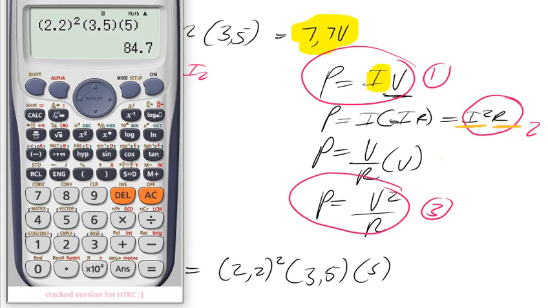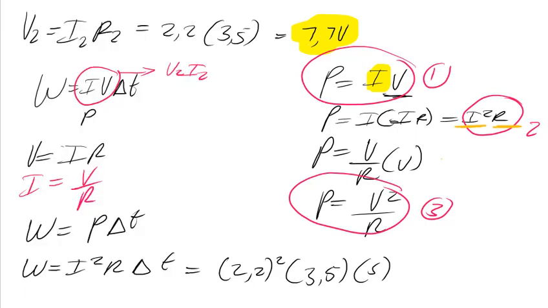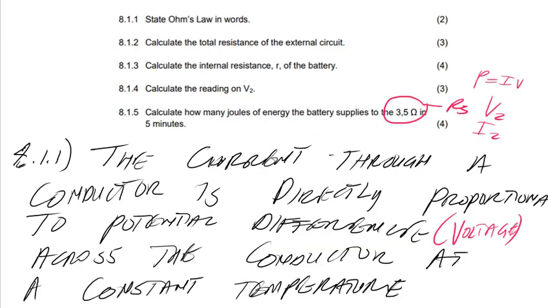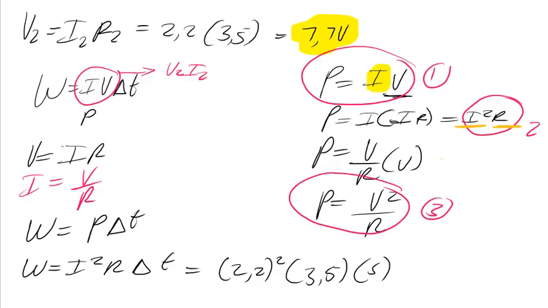You're going to have 84.7. Remember your time is given in minutes, and we don't want time in minutes. You should always change it to seconds. Remember, seconds will be more, so you multiply by 60.